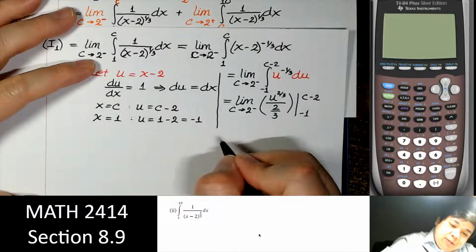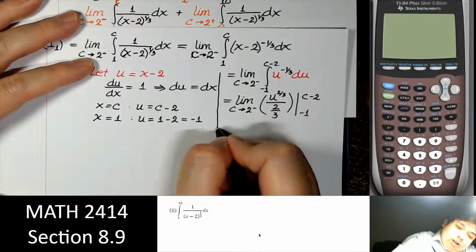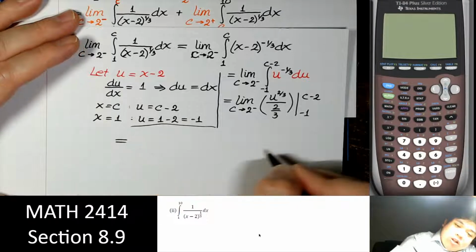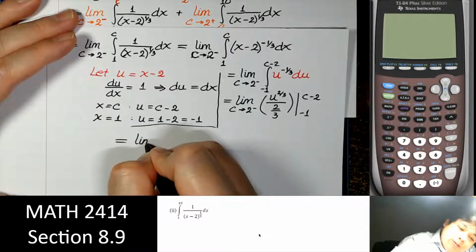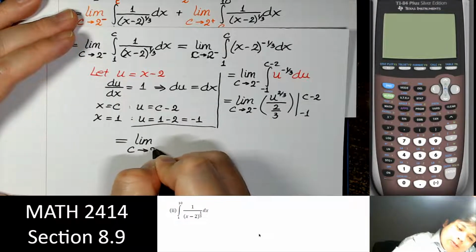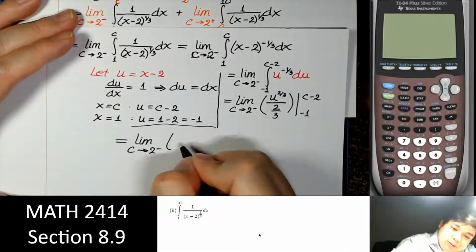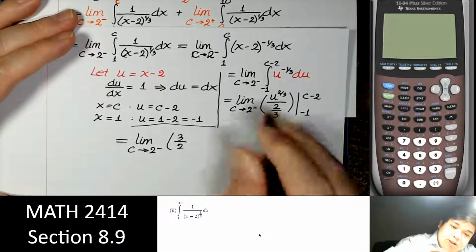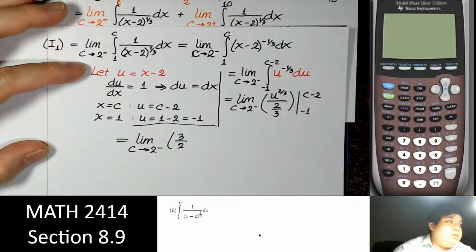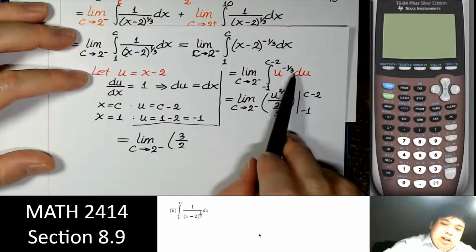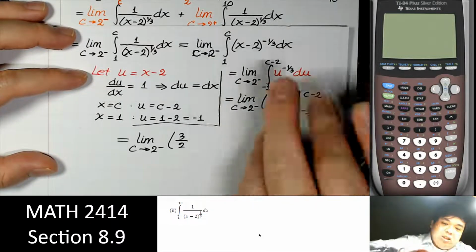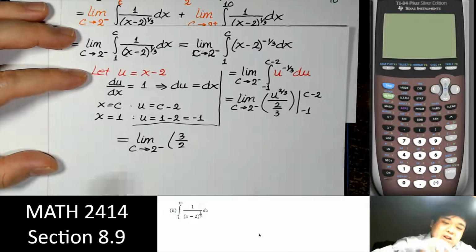Dividing by 2/3 is multiplying by the reciprocal, 3 halves. It's just the power rule: negative 1/3 plus 1 is 2/3, divide by 2/3, flip that, 3 halves.